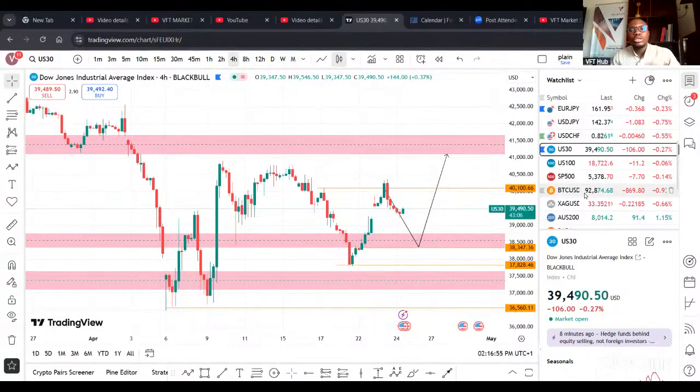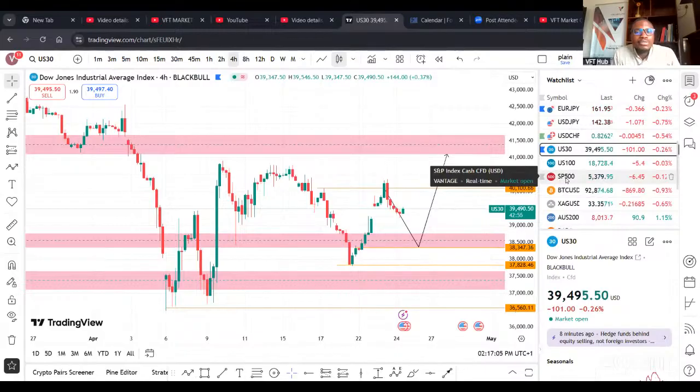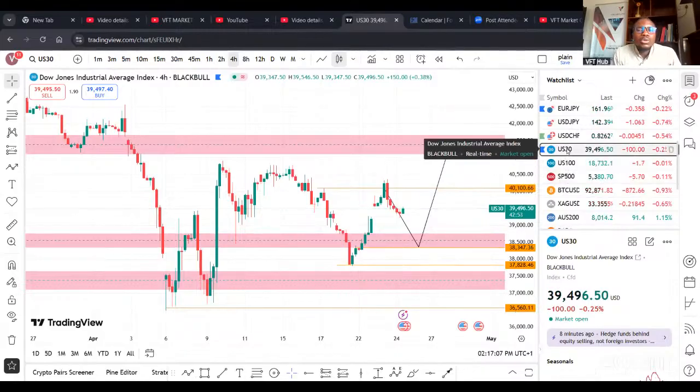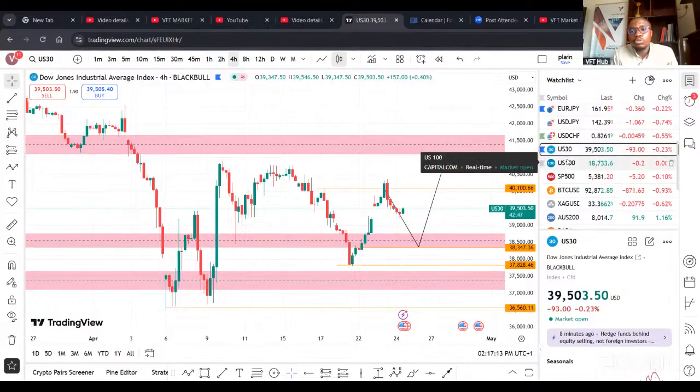So I mentioned earlier that using correlation analysis, inter-asset relationship, we expect that if we start seeing that push on S&P 500, clearly we would see it on US 30 because they will always move in tandem, right? They will always move together, except in rare cases.